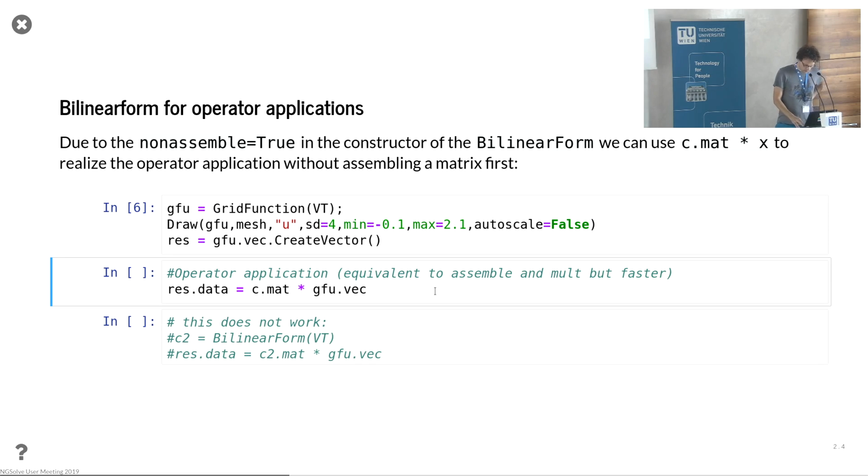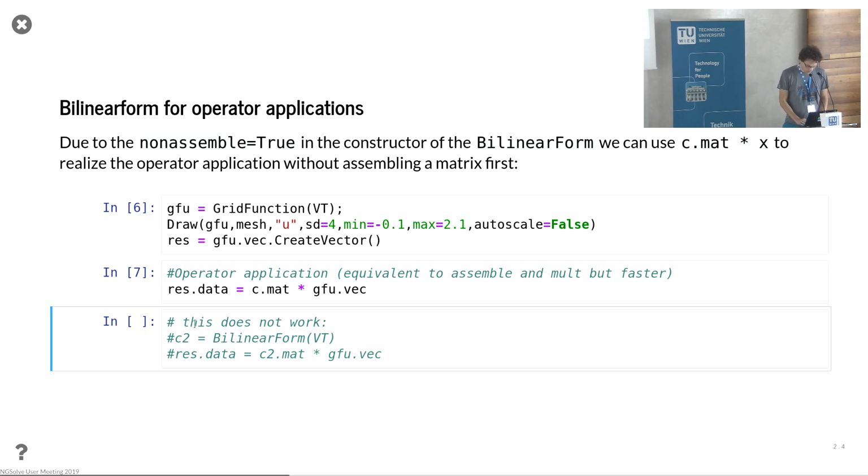Okay, so then we set up the grid function, and we can now apply this to a vector from the corresponding space. C is a bilinear form that we defined, and c.mat times the vector is now not a sparse matrix vector multiplication, but instead it's just the operator application that is defined through this bilinear form. So we can do this. It doesn't do anything special.